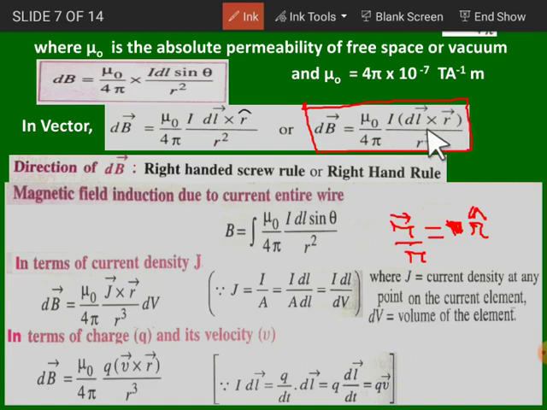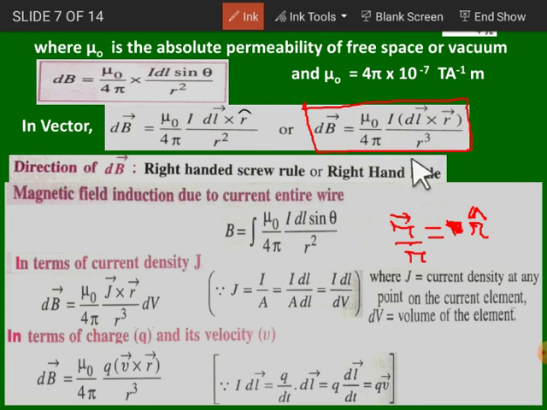Or you can also say that this dB vector will be in the direction perpendicular to the plane containing both this I dl and r vector. This you have learned in your class 11 at the time of the cross product of vectors.